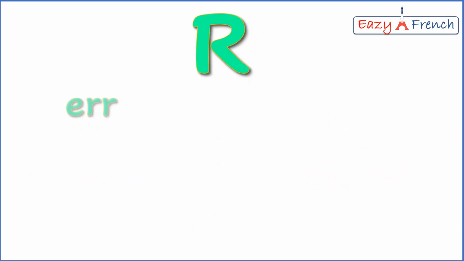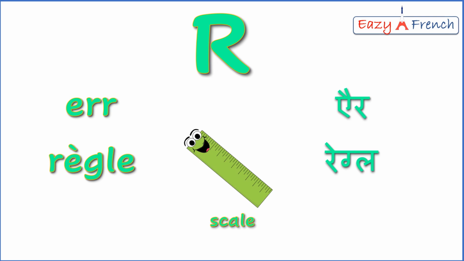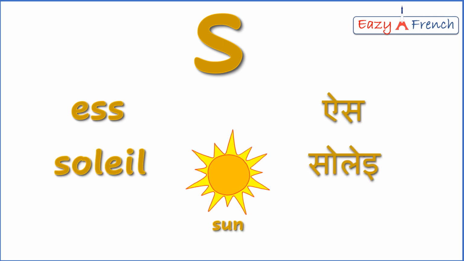R, that's R, règle, a ruler. S, exactly like English it is S, soleil, that's a sun.